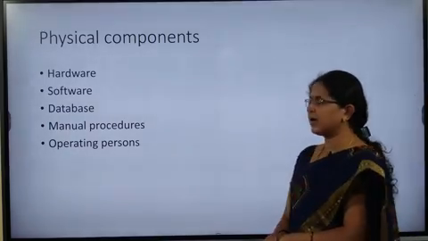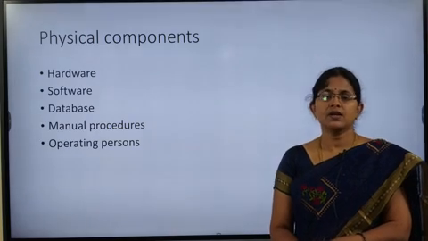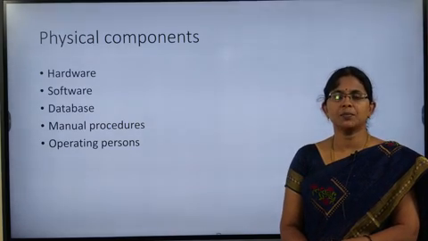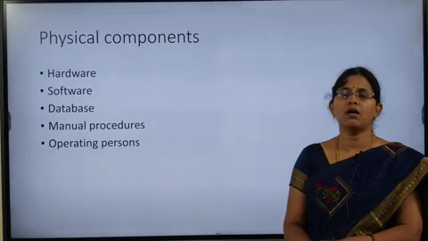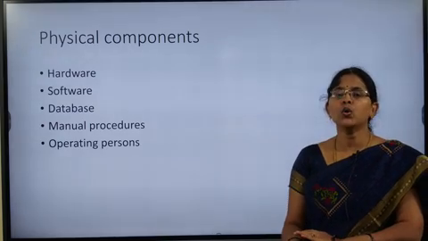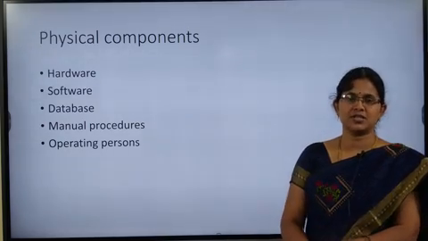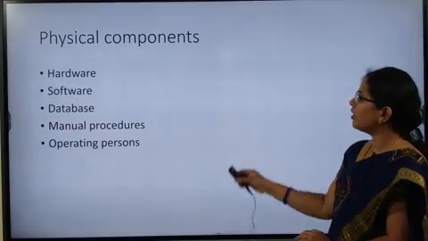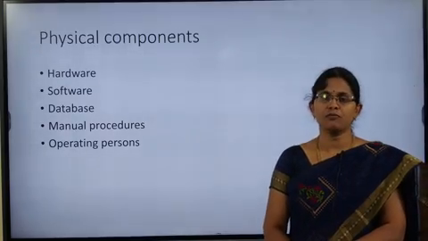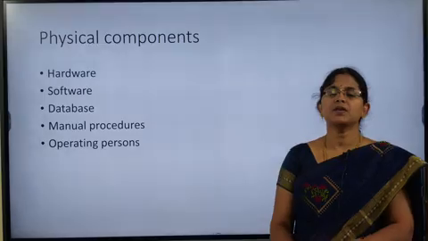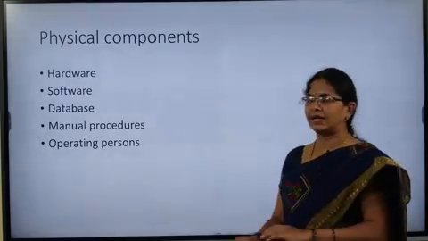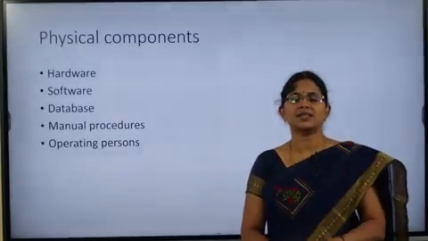And the last one is operating persons. Operating persons are the people who use the information system. These are the physical components of management information system. So this is the first activity in order to describe the structure of the MIS.